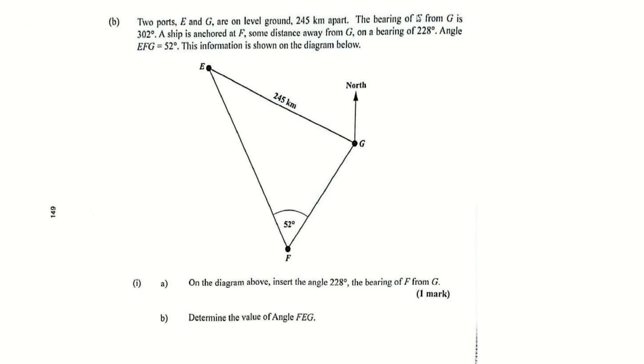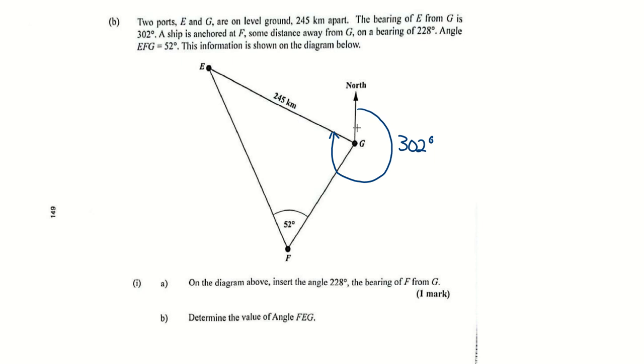The bearing of E from G is 302. So when they say from G, you're starting at G and ending at E. When we are looking at the bearing, we always go, as I said, in a clockwise direction, never anti-clockwise. So you go around to E and they said that's 302 degrees. Understand?